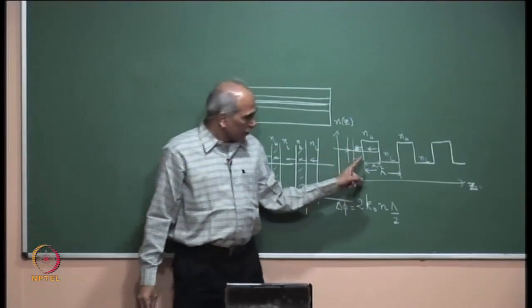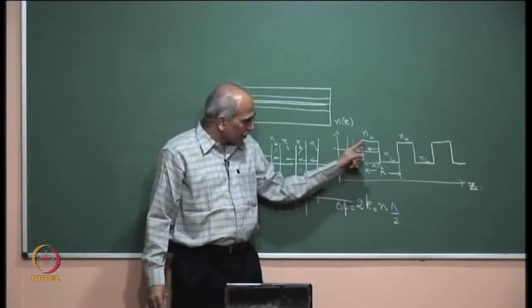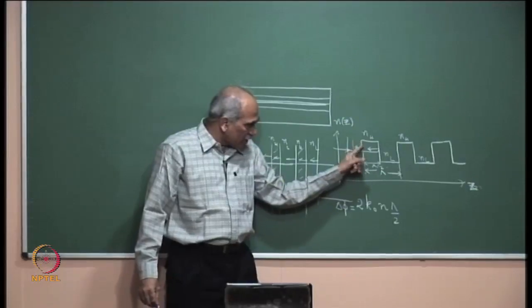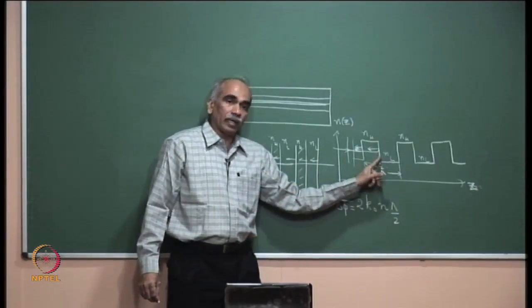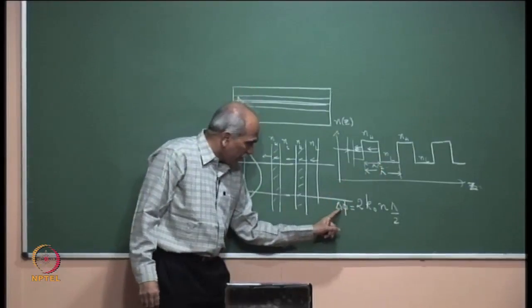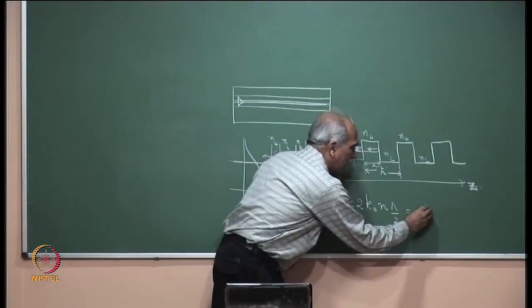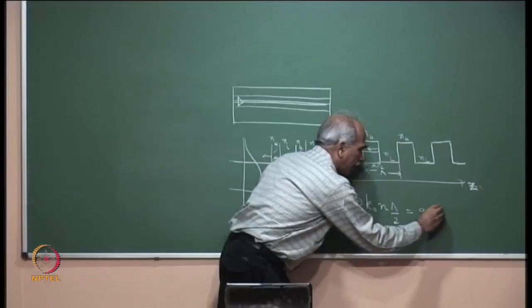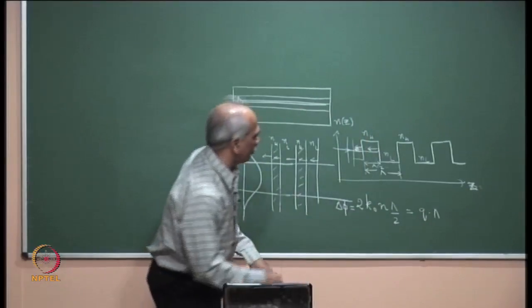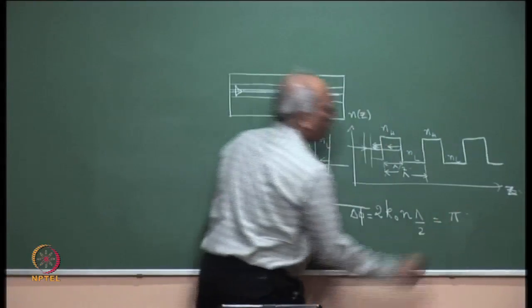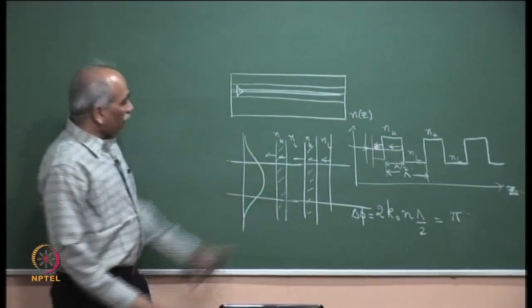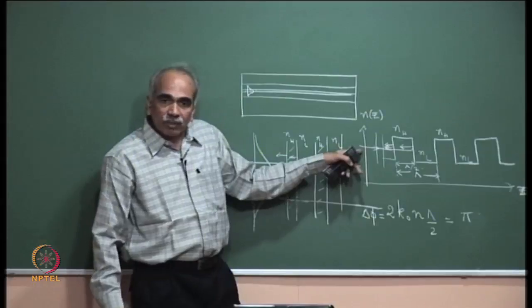But you remember that if this is high index, this is low index, there is an additional phase change of pi here, but there is no phase change of pi here. And therefore, if this difference happens to be an odd integral multiple of pi, or if I take the first order, if this is equal to pi, then I will have a resonant reflection.